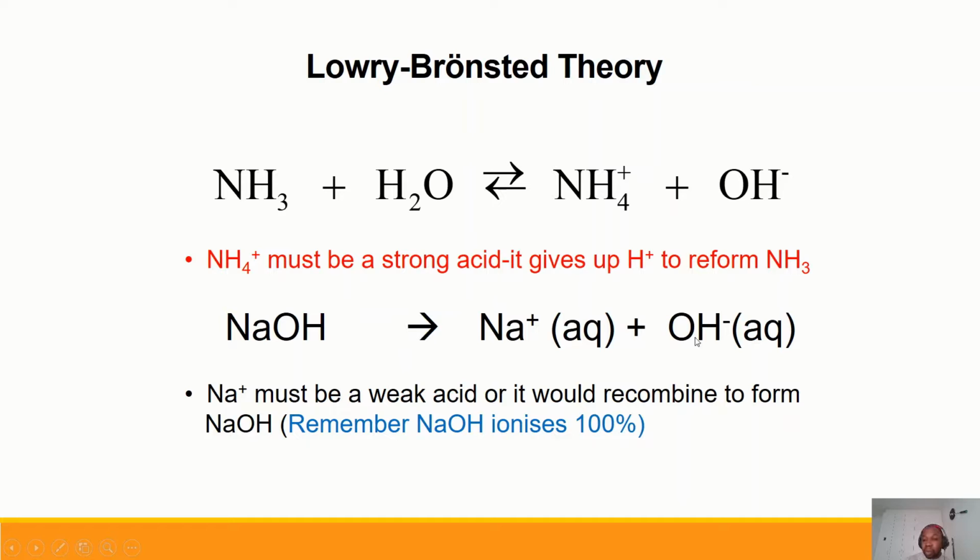Otherwise, it will just recombine with OH and go back, and that's why we're not using a reversible reaction symbol here, because the reaction can only go forward. There's nothing like recombining, and that's why NaOH is a strong base, because it's not going to recombine. But this is a weak base because this can easily recombine. This is a strong acid, so it can easily give out the proton, then go back to ammonia.